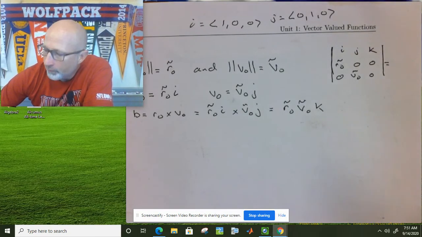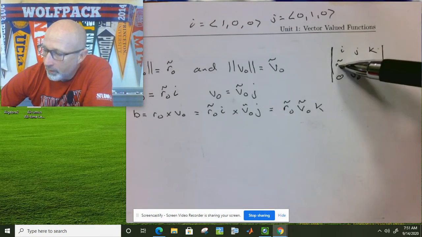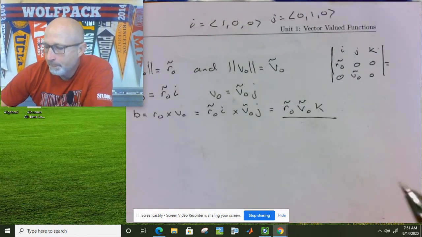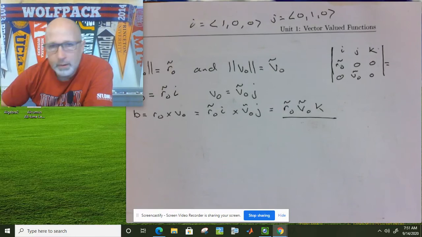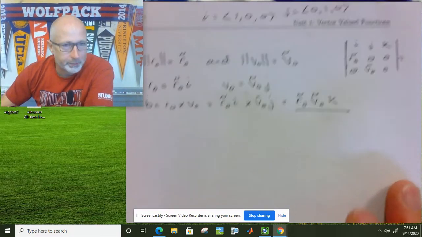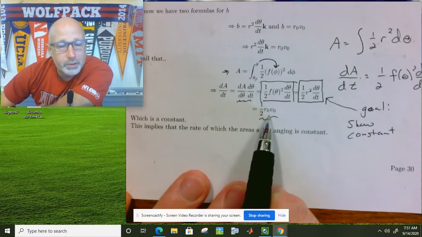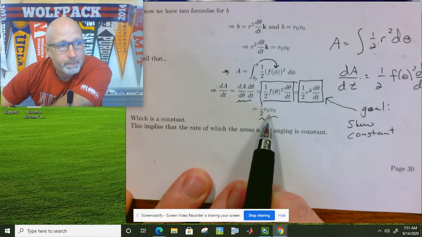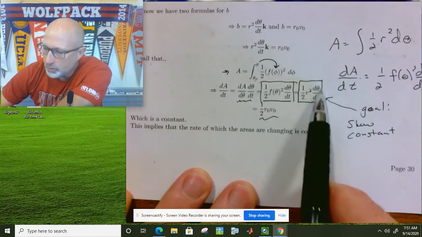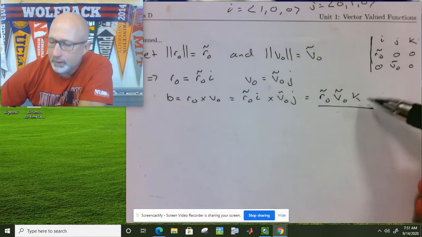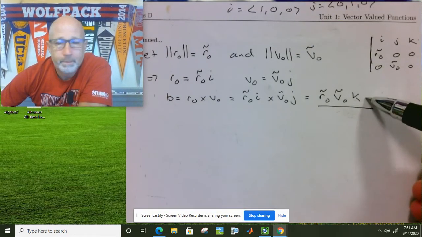The only thing you're left with is k times this minus 0, which gives us this. Okay, and if you cheat a little bit and go down to what we're trying to do, notice there's the r naught v naught, which is a constant. Once again, we're trying to turn this into a constant. This is a constant, so somewhere it's going to come into play with this.